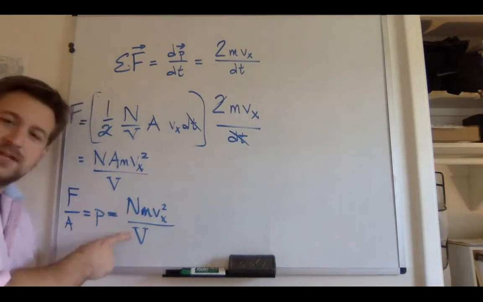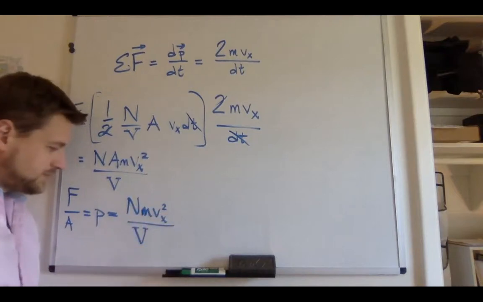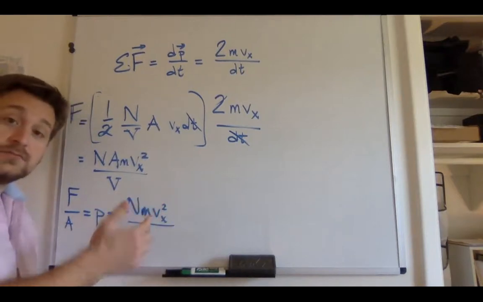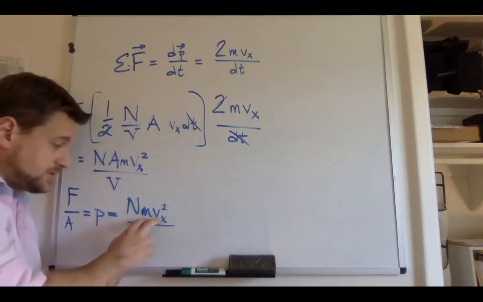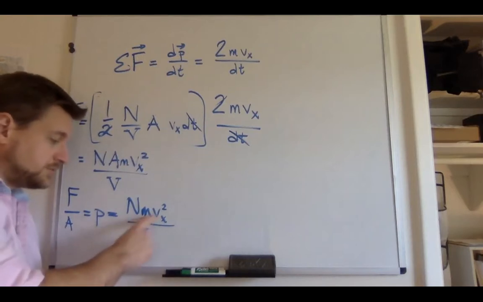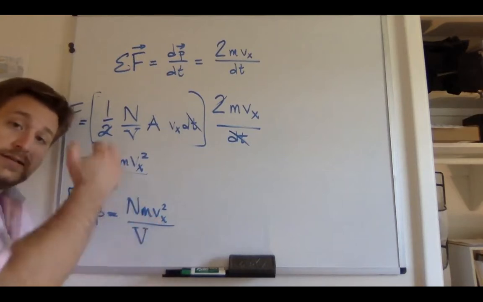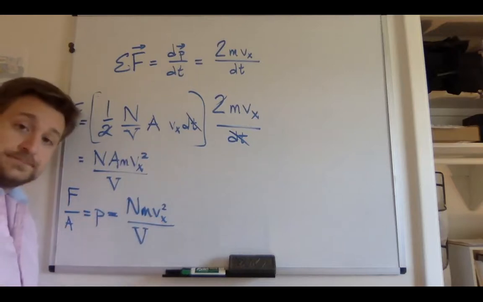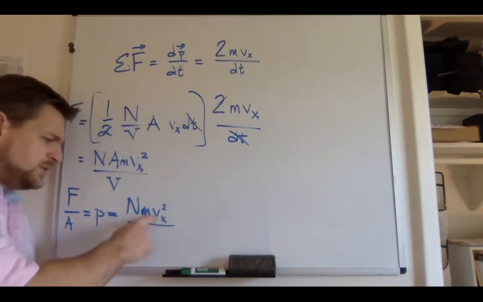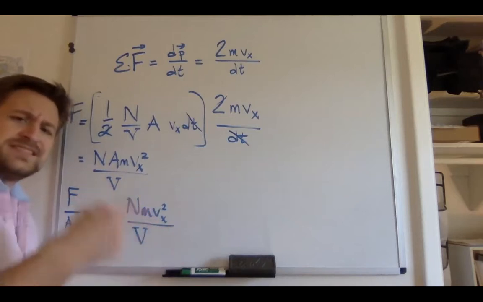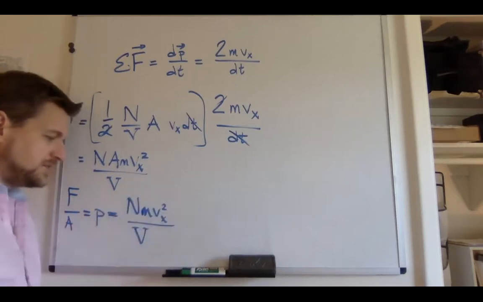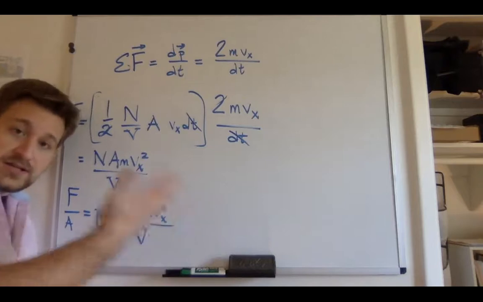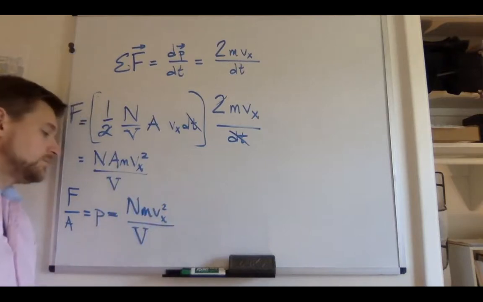Capital N and V are macroscopic as well, and they're set by the assumptions we made. So if we change the mass of each molecule or the speed, we know what the pressure is, which is pretty cool. Although we made an assumption that every molecule has the same speed, vx, in that direction when hitting the wall.